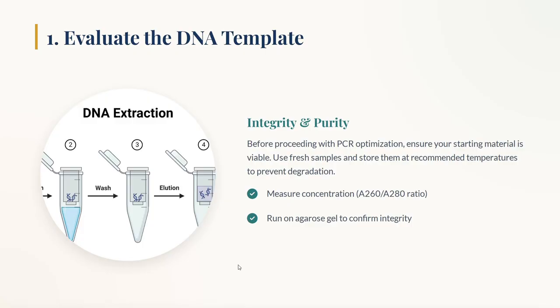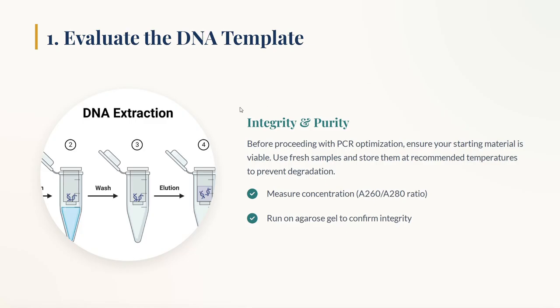First one, we need to evaluate the DNA template. Whenever there is an isolation, before the PCR reaction, we should ensure that the samples are stored properly, and we should measure their concentration. The ratio A260 by A280 should have a proper result.